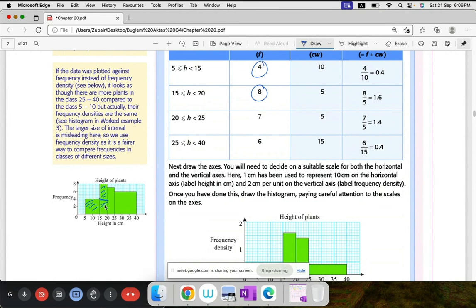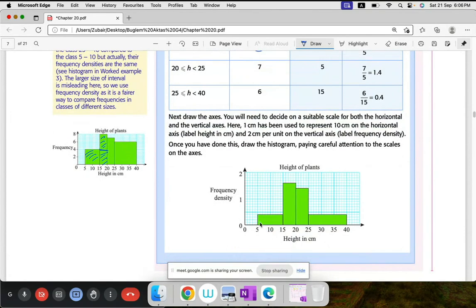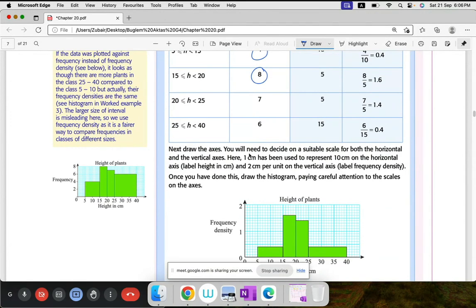One rectangle and the second rectangle. This should have been doubled. Whereas when frequency density is used, it is more accurate, and it displays the correct representation of the data.